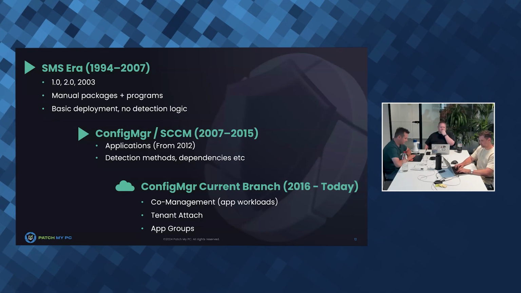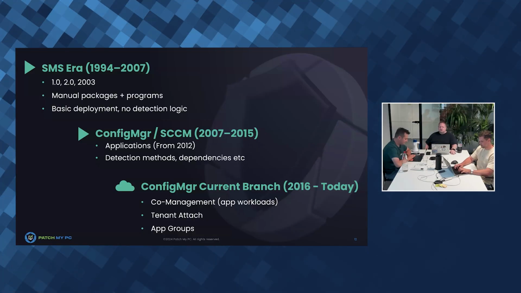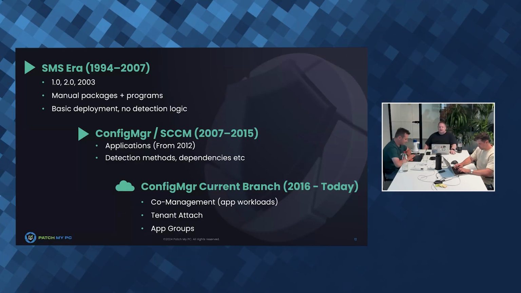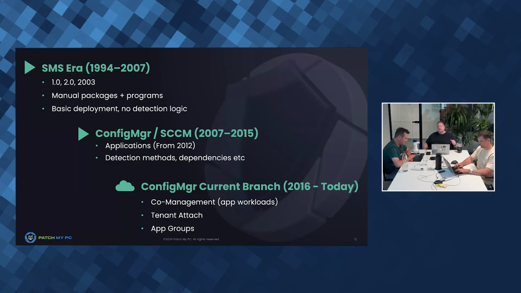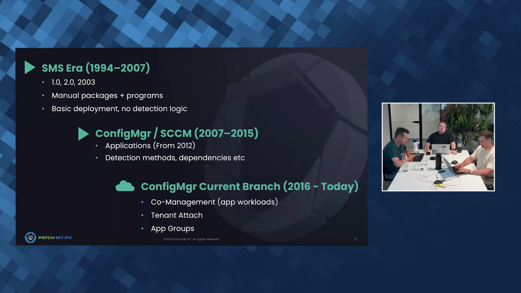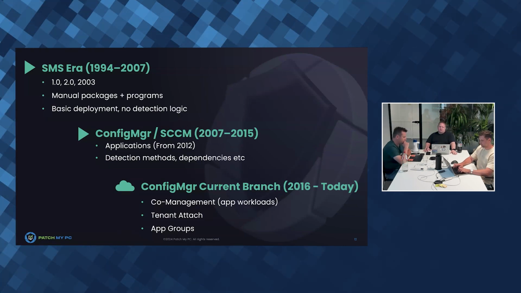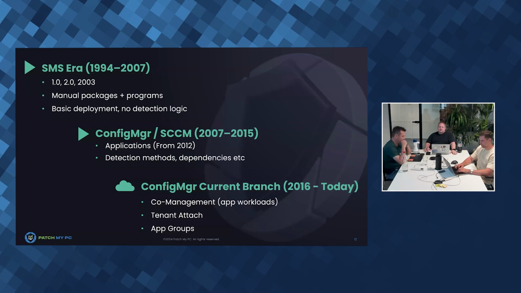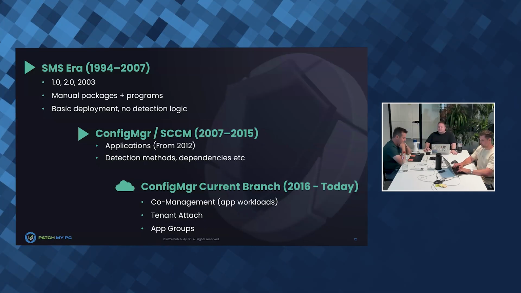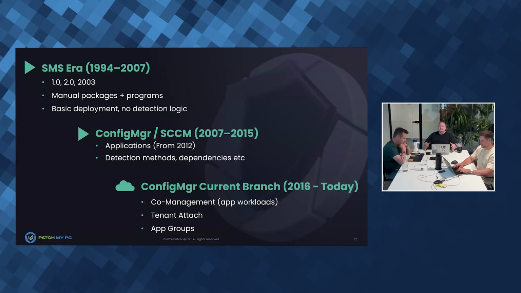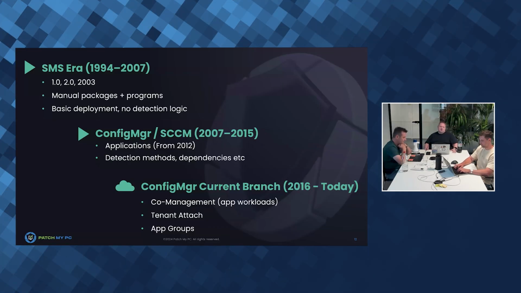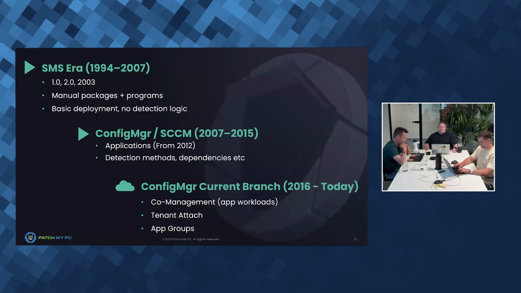Then you get to ConfigMgr current branch, and it gets more complex: co-management, an app workload to manage, tenant attach, app groups. Just the number of ways in ConfigMgr that you could deploy things and the number of options on those different methods is really complex. But for many customers, that is working. And that investment is a big inertia, a big challenge to shift all the way up to the cloud.